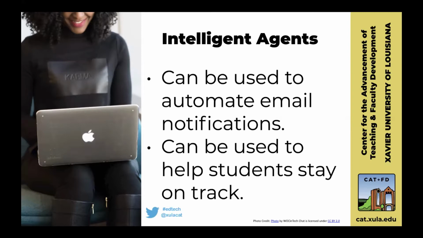Intelligent agents are a very specific tool within Brightspace. It's a way to automate emails, to send a certain pre-formatted template email to designated people, either on a timely basis or as the result of certain criteria being met.